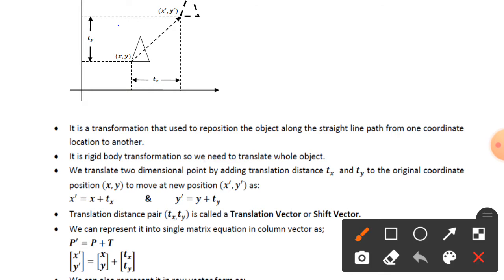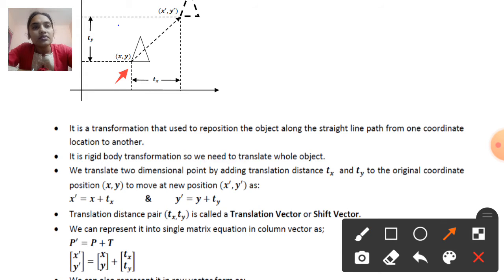Let us discuss. This point is the x, y coordinate position, and we move the object to this position, x dash, y dash. The distance in the x direction is tx, and in the y direction it is ty.